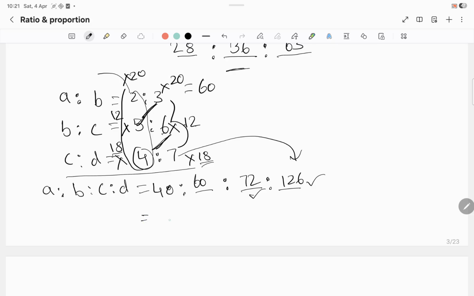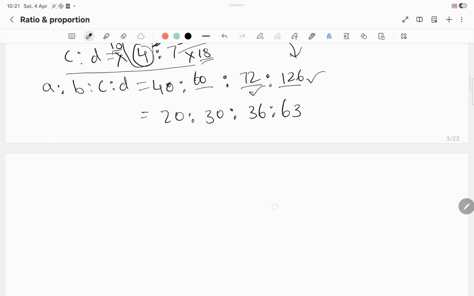On 4, if I divide, 4 15s, 4 18s, 126 won't go by 4 but goes by 2. So 20, 30, 36, 63. That's all. Now there is no other common number to divide them.